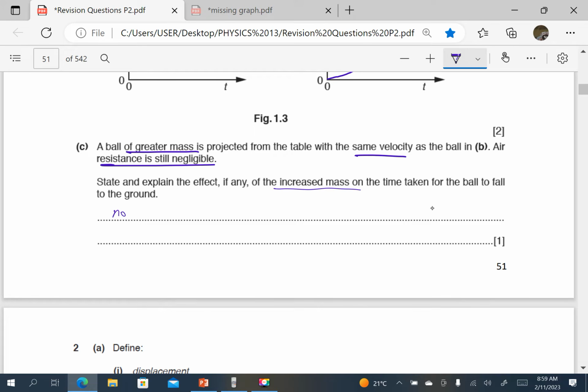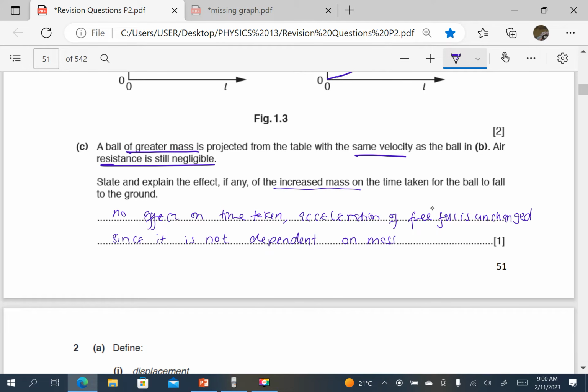So we are saying there is no effect on the time taken, because the acceleration of free fall is unchanged, since it is not dependent on mass.